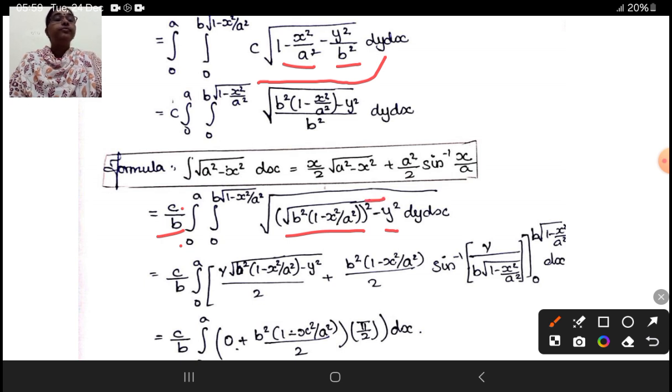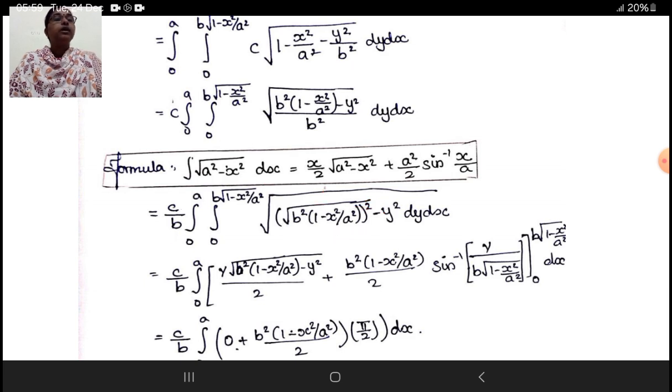After this we can apply the formula. The integral of root of a square minus x square is x by 2 root of a square minus x square plus a square by 2 sine inverse of x by a. You can apply this formula. So instead of x write y, and instead of a write this bracket term, and replacing these values we get the answer.